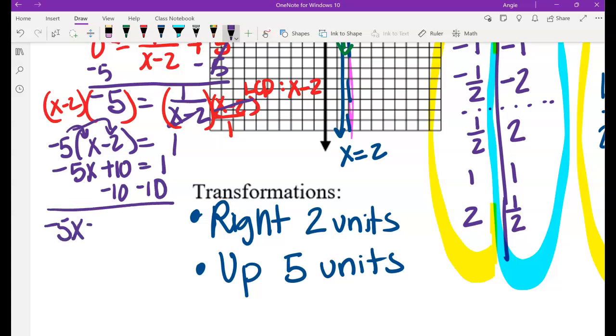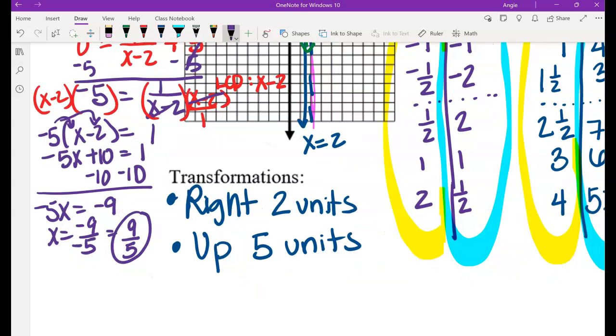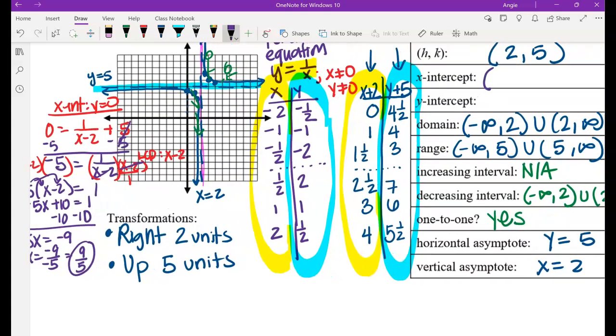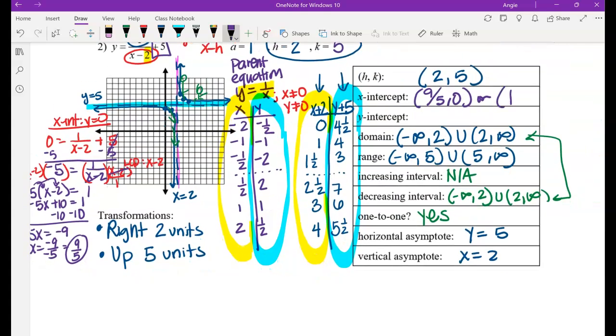Negative 5x equals negative 9. X equals negative 9 over negative 5, which is positive 9 over 5. And we have to write it as an ordered pair. You can write it 1 4/5. That's okay too. So it's going to go 9 over 5, comma 0. Or you can write 1 4 over 5, comma 0. Okay.